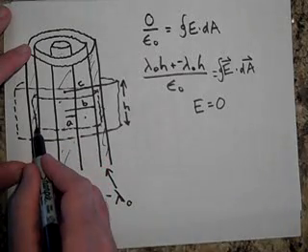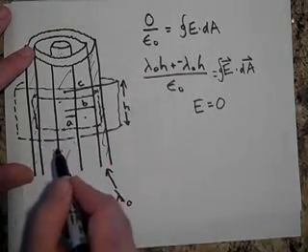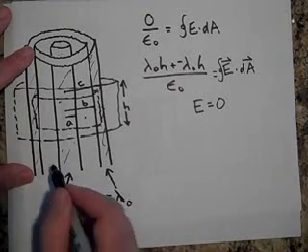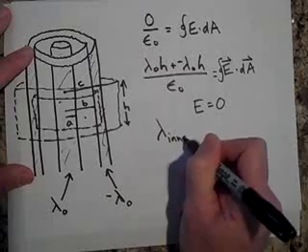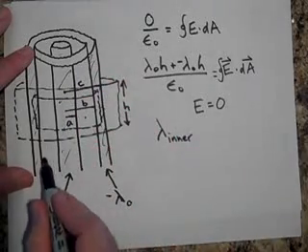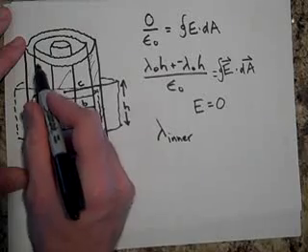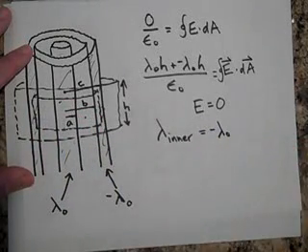So there can't be any flux. So the net charge enclosed has to be equal to 0. So that means that the surface on the inside of this cylinder has to equal negative lambda naught.